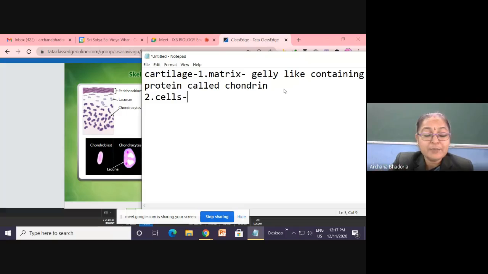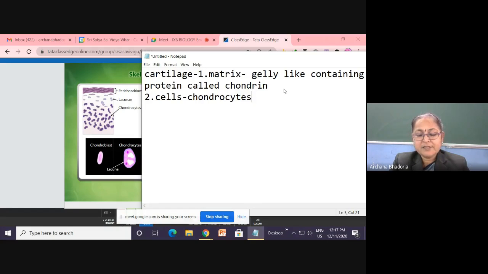Ma'am, what is chondrin? Chondrin is a type of protein which is present in the cartilage. Okay, so you call it chondrin, chondrocytes also. The chondrin is a protein of cartilage. Cells का नाम लिख लो जल्दी से. So then in the matrix, what is present? The cells are present, and these cells are chondrocytes. In the matrix, you write it.